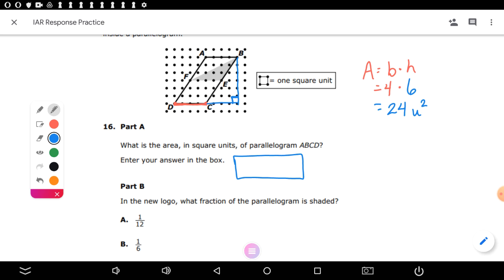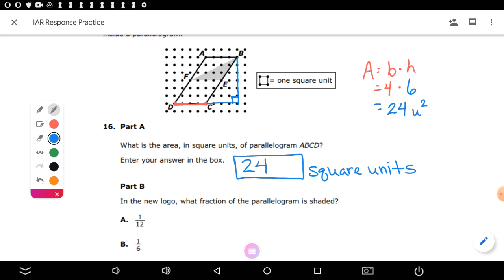Sometimes it'll want you to type in 24. Let's say you can type in letters, but you can't type in exponents. How could you still type in 24 units squared without exponents, Dane? 24 units squared. Okay, you could spell it out or write it out, or you could write square units. But sometimes the label is kind of back behind it.